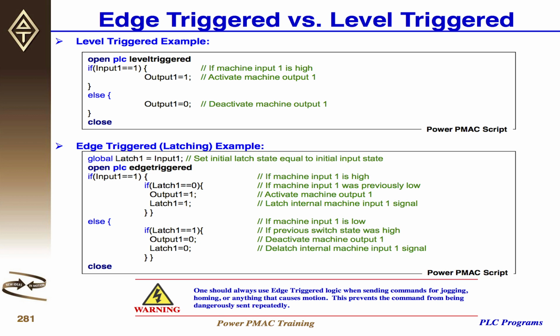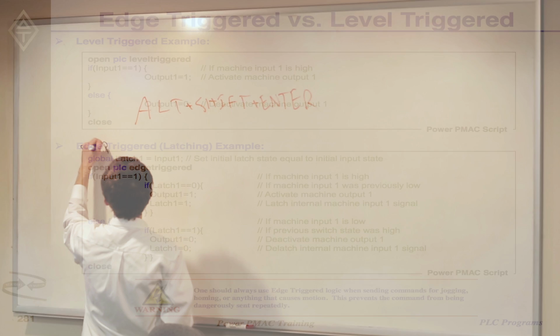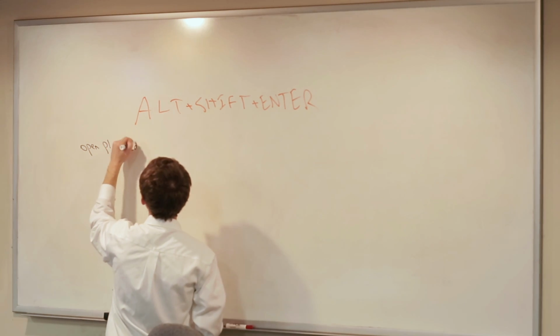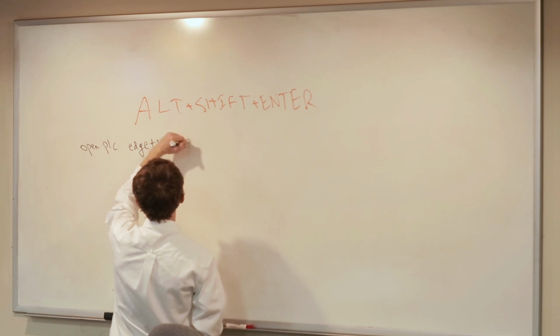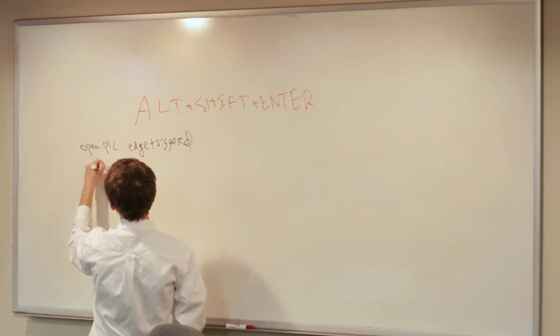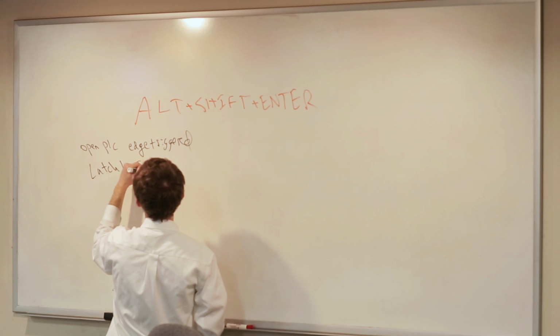So that would look something like, instead of having latch 1 equals input 1 outside the program, we would have open PLC edge triggered. And then inside here, we have latch 1 equals input 1.